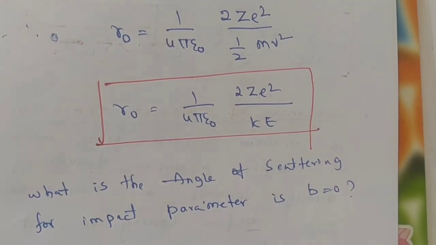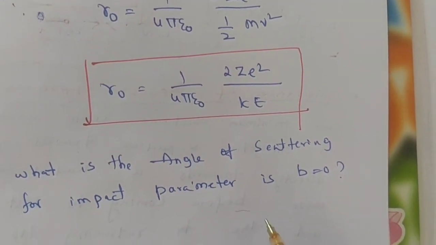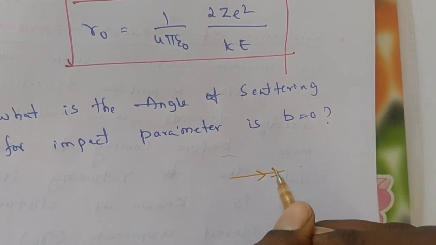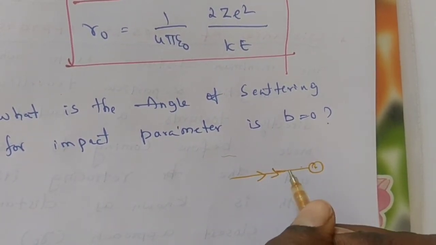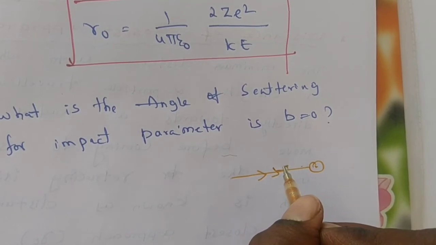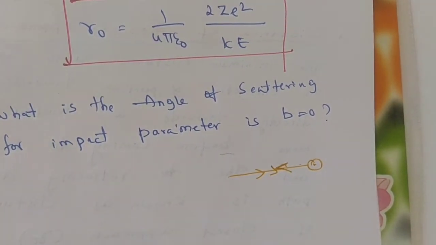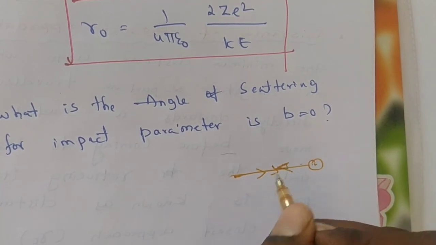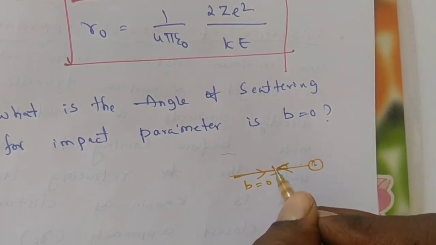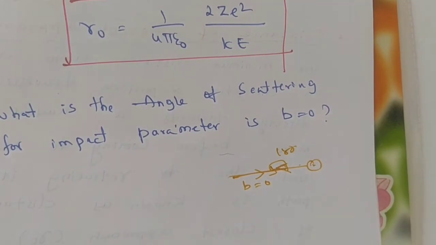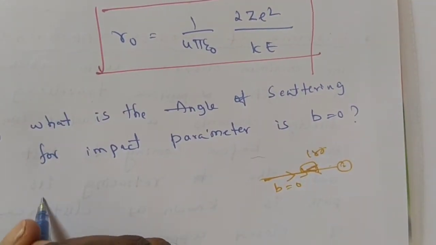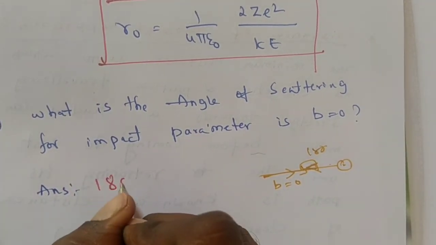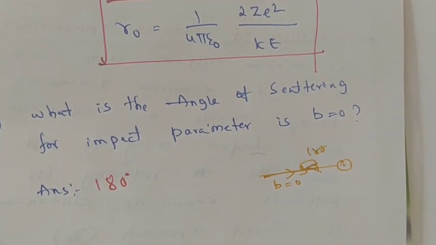B equal to 0 means the alpha particle moves towards the nucleus, comes to rest, and again retreats back in the same direction. Here the perpendicular distance and the returning line are the same, meaning B is equal to 0. B equal to 0 means the angle between them is 180 degrees. Its answer is 180 degrees.